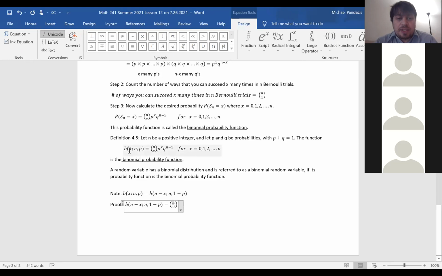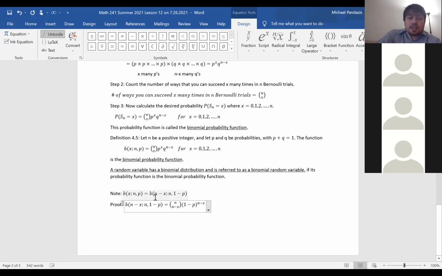And then you put this number down here, so this is n choose n minus x. I want to choose n minus x of the n trials. And then the p here is what I'm using, so this is 1 minus p raised to the n minus x power.